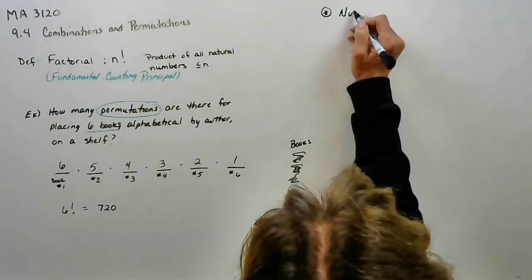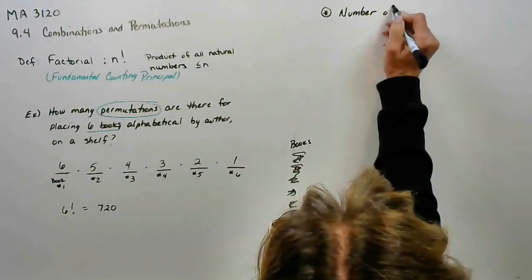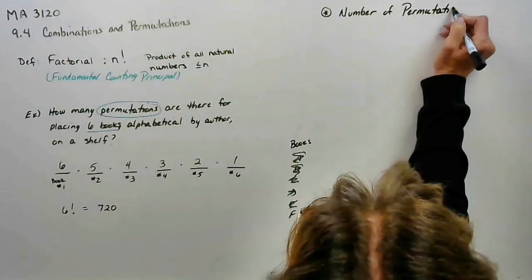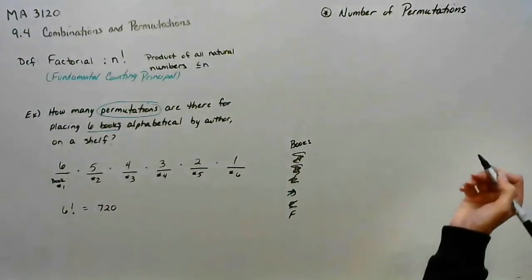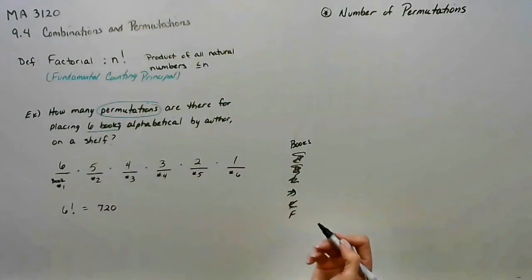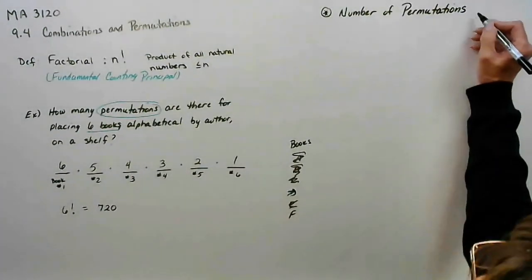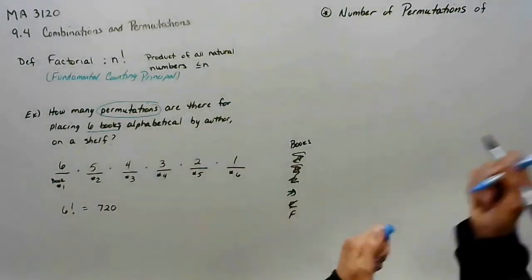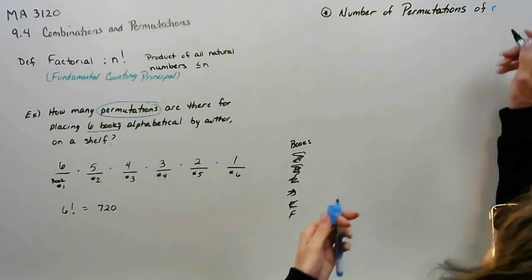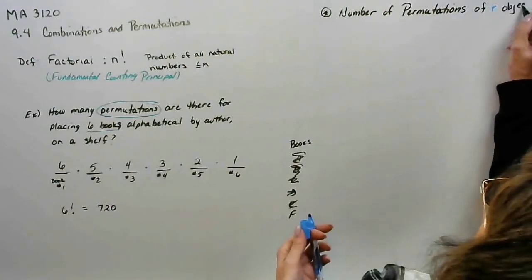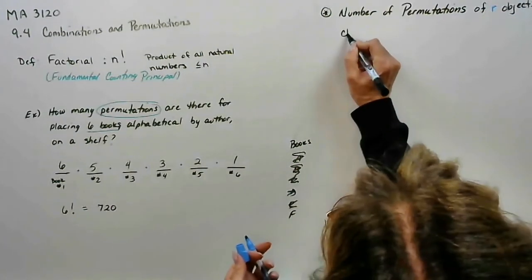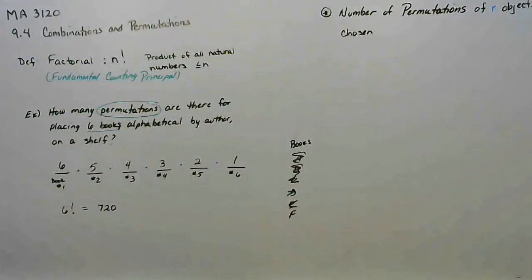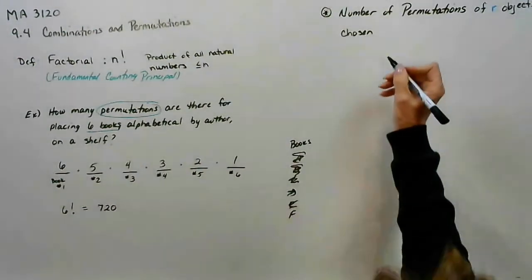So the number of permutations of R objects, and R is just a variable, chosen from a set of N objects.